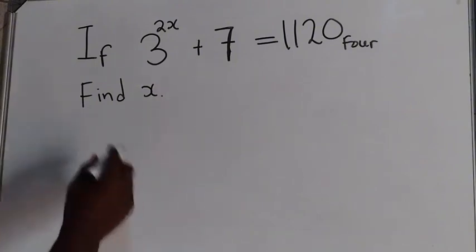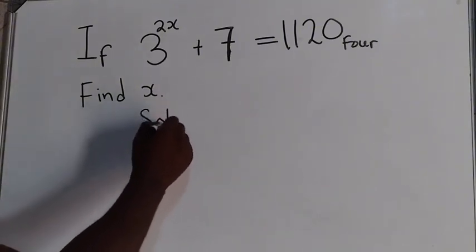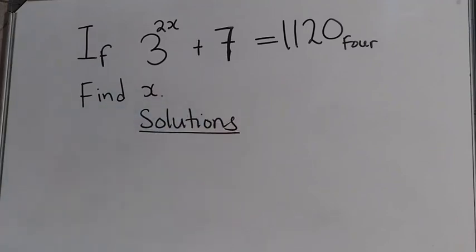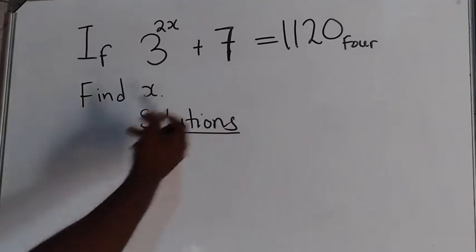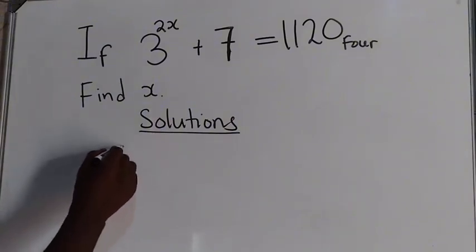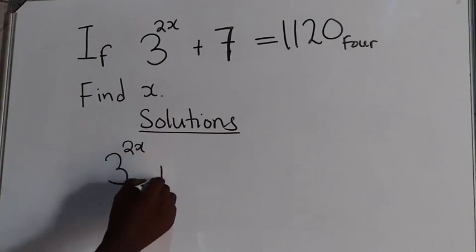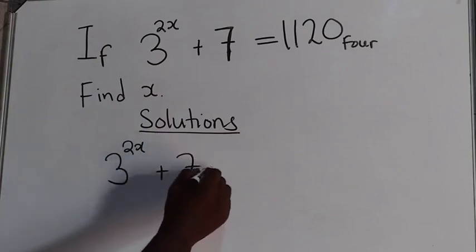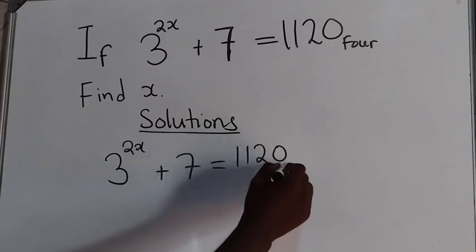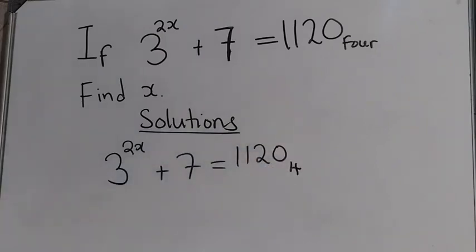Okay, so you are going to write solutions. The first step when it comes to answering this question, we are going to copy the question the way it is, which is 3 raised to the power of 2x plus 7, which is equal to 1120, which is in base 4.